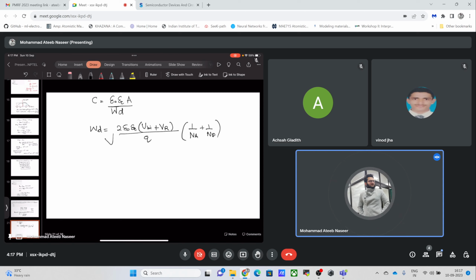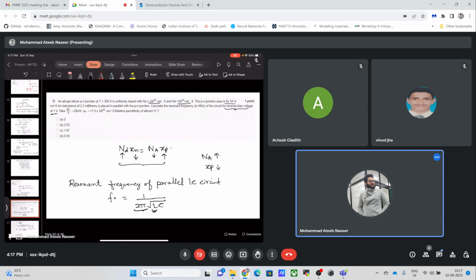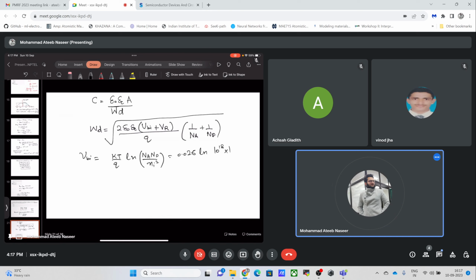For this particular case we need to first find out VBI, which is simply kT by q ln of NaNd by Ni squared, which is 0.026 ln of 10 to the power of 18 and, I guess, 10 to the power of 15, divided by Ni squared.